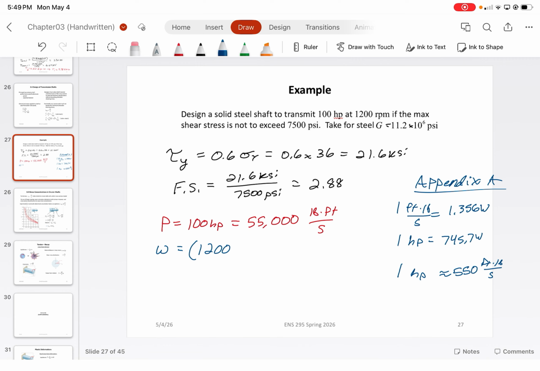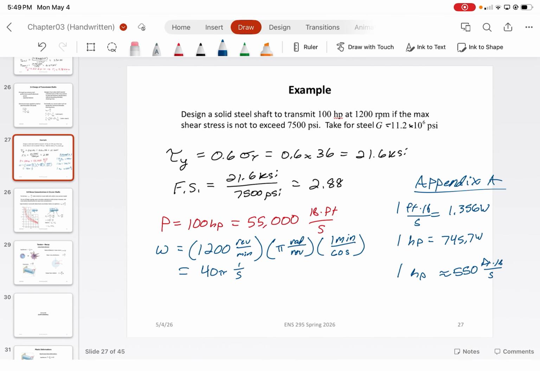That would be equal to the 1200 revolutions per minute, multiplied by 2 pi radians per revolution, and then multiplied by a conversion factor of 1 minute over 60 seconds. That should give us an angular frequency of around 40 pi 1 over seconds.